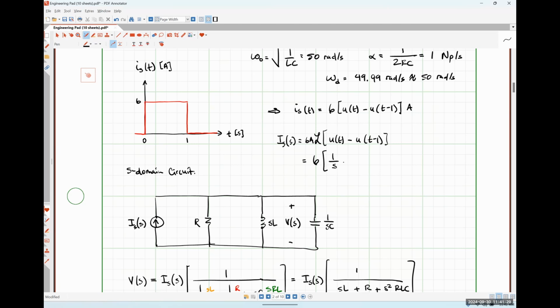What's the Laplace transform of a unit step function time shifted by 1 unit to the right? 1 over s, and then I apply the time shifting theorem that will give me e to the, is it negative s or positive s? Negative s. So minus 1 over s e to the minus s.